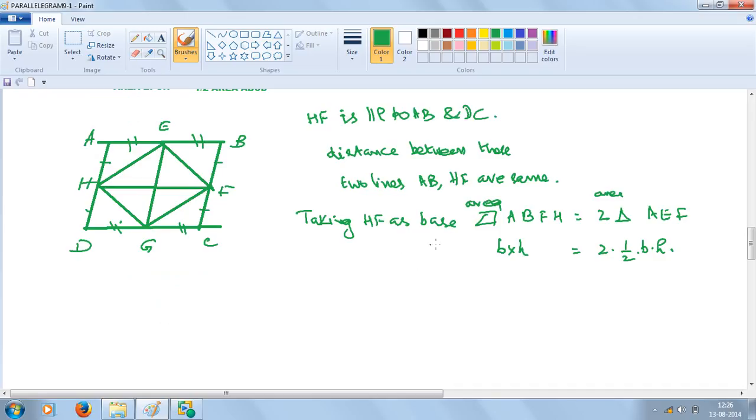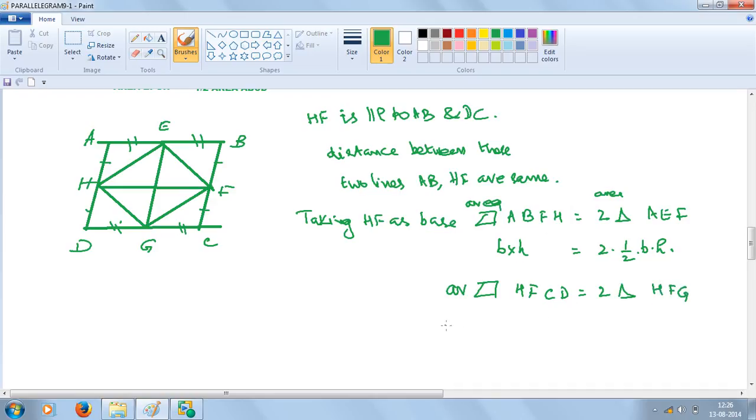So in a similar manner, with the base as HF, if you look downwards, the area of the parallelogram HFCD is equal to twice the triangle HFG.